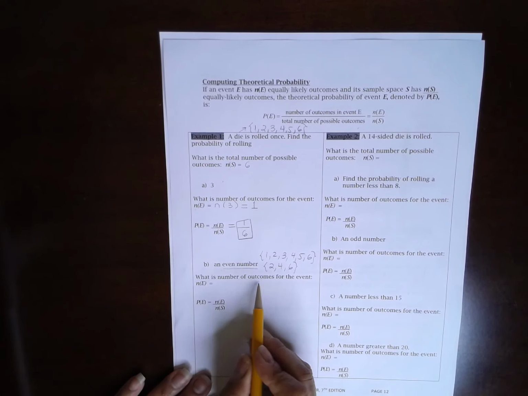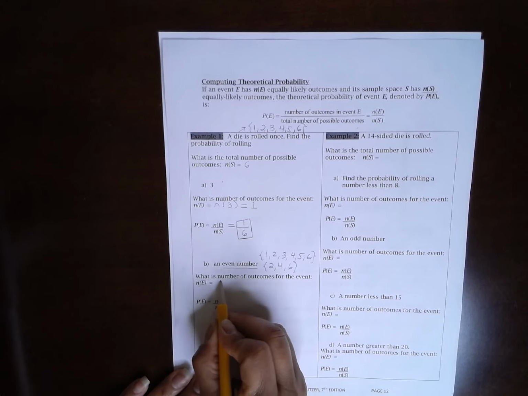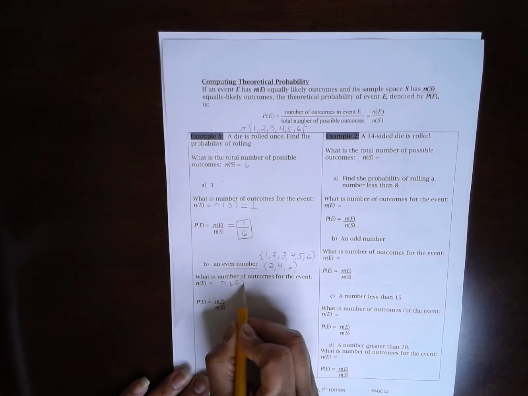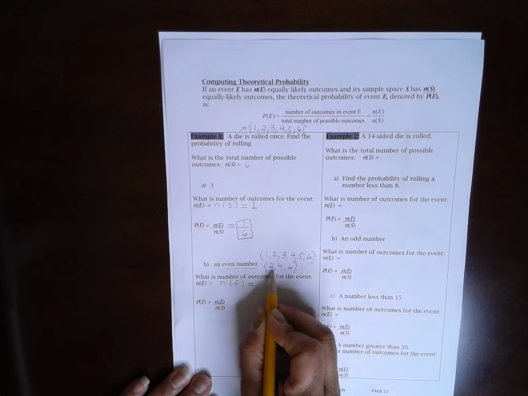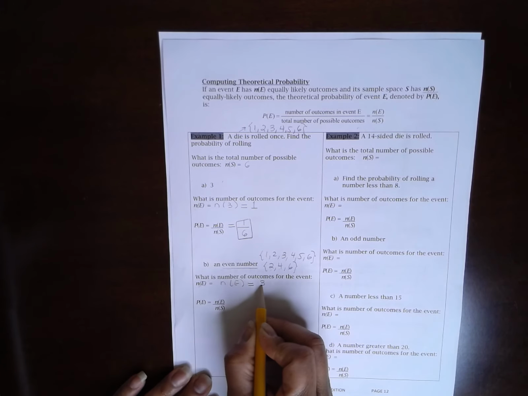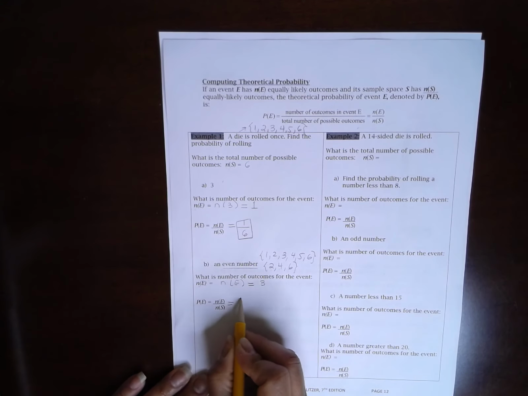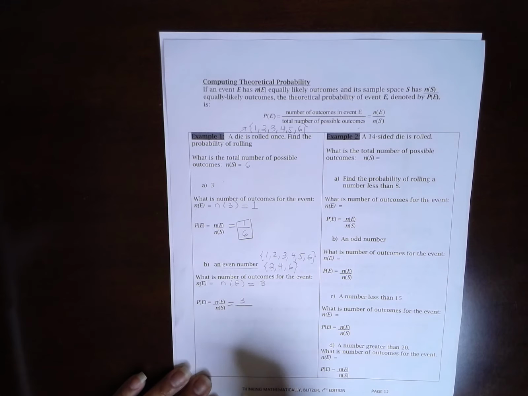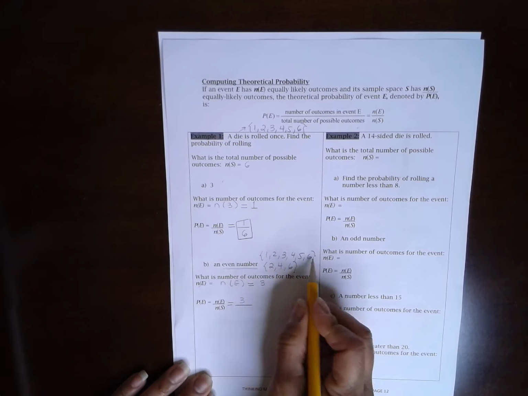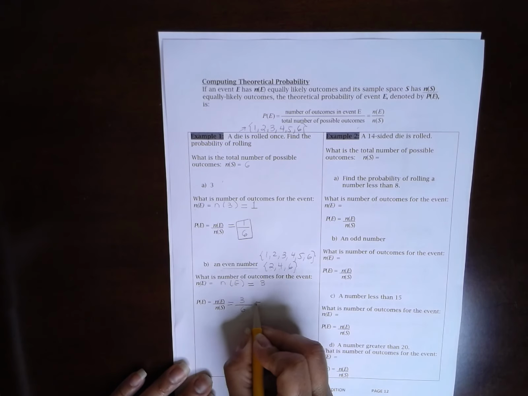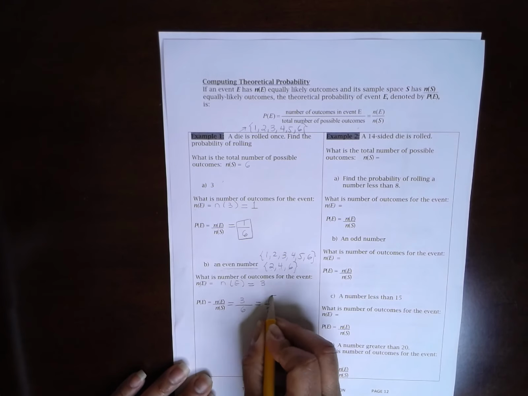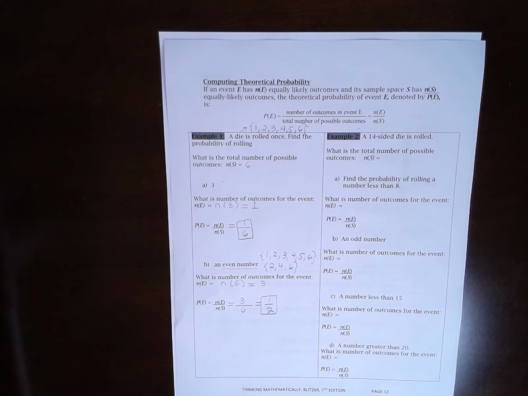The number of outcomes that are even is 3, out of the number of possible outcomes in the sample space, that is 6. So 3 out of 6, you need to simplify this to the fraction 1/2.